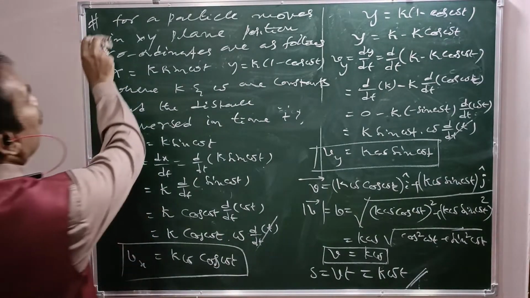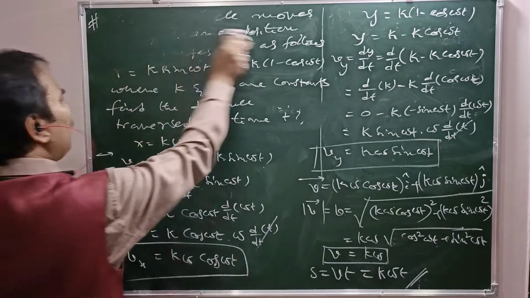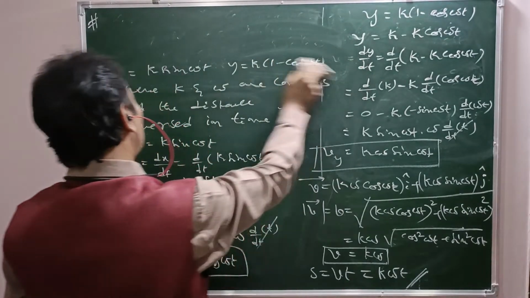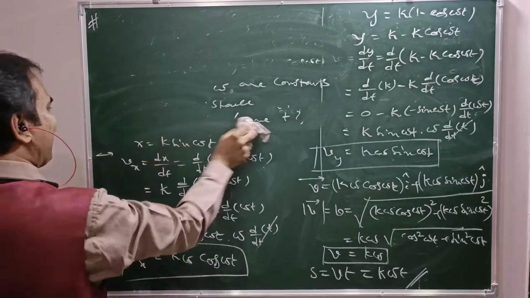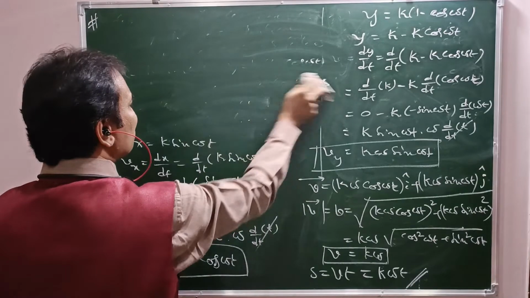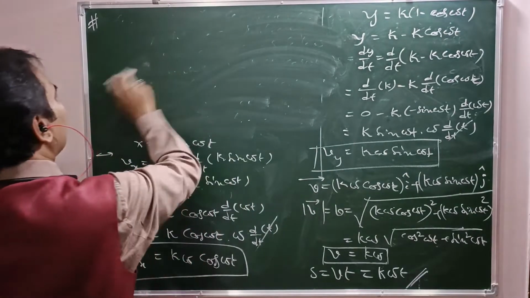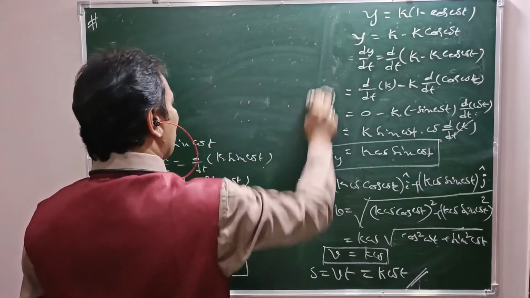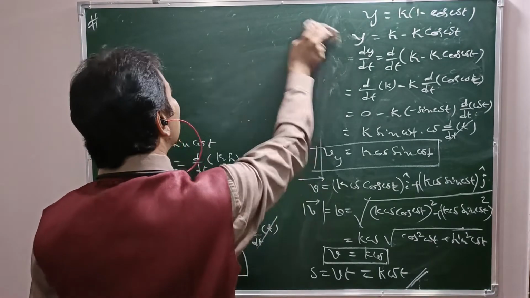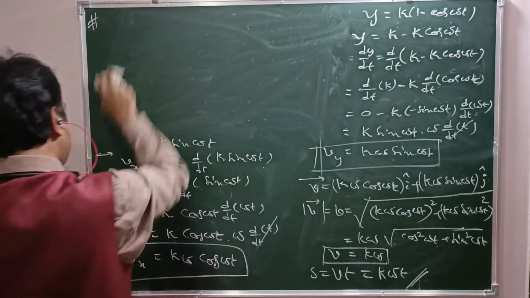Okay. Now coming to one more sum, this time a particle is moving along a circle as an example, such that its radius vector changes with time as follows.